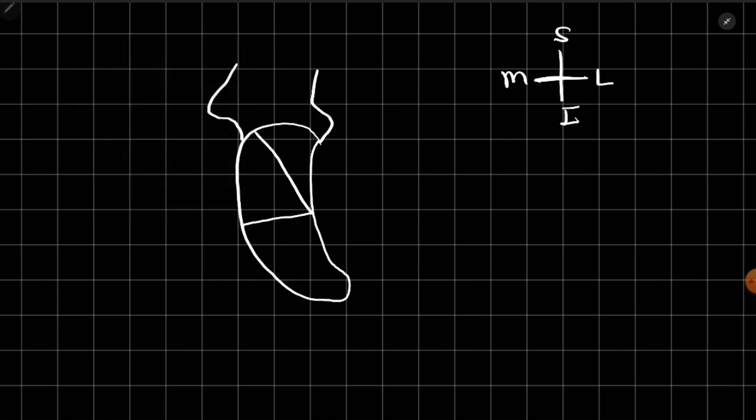When you draw the muscles, one muscle will come here, one muscle will come here, and also you should divide it like this. Then one muscle will come here.